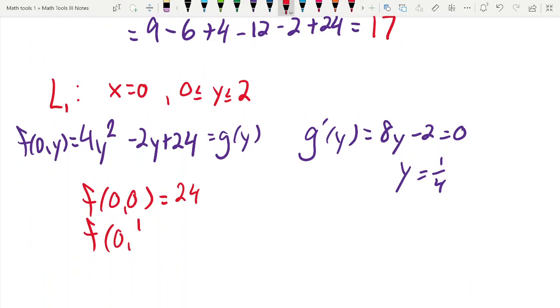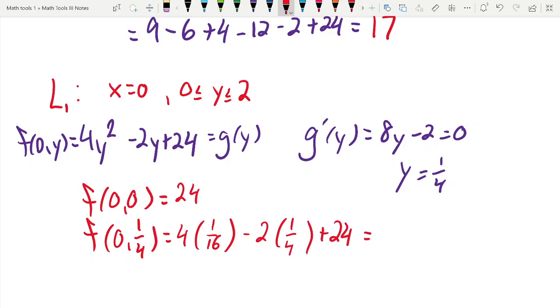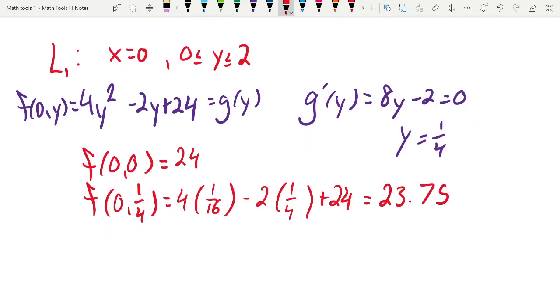f of 0, 1/4. So we've got to plug 1/4 into this, so it's going to be 4 times 1/16 minus 2 times 1/4 plus 24, and I have the answer here, so let's just write that down. Won't go through the fractions. And then the other corner is going to be f of 0, 2, right?